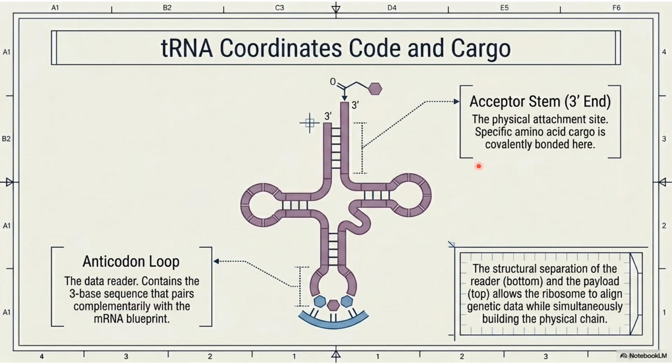Okay. And this is known as the acceptor stem. It is the 3' end, where it accepts the amino acid. It also has a DHU arm, which detects the specific aminoacyl transferase. That enzyme helps in the binding of the amino acid at the 3' end.